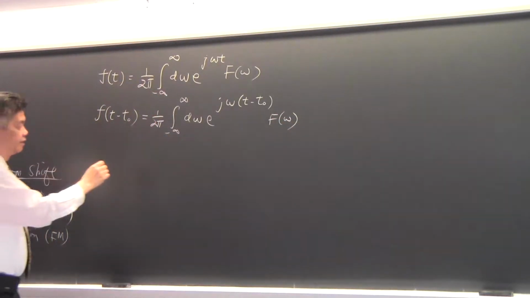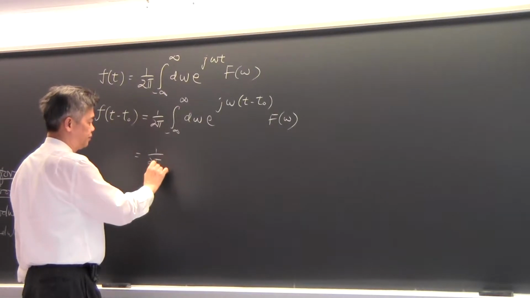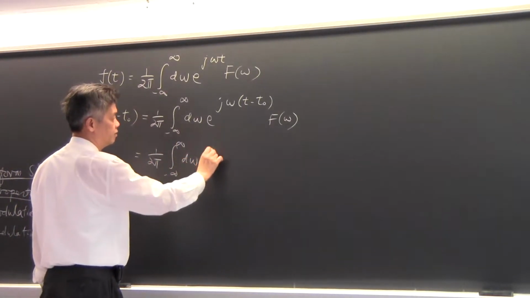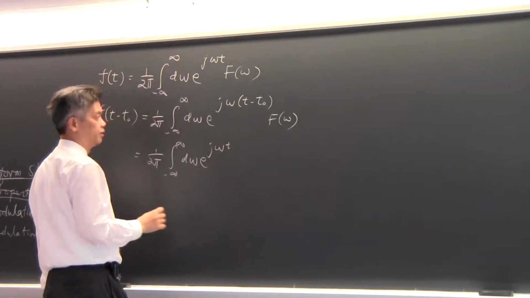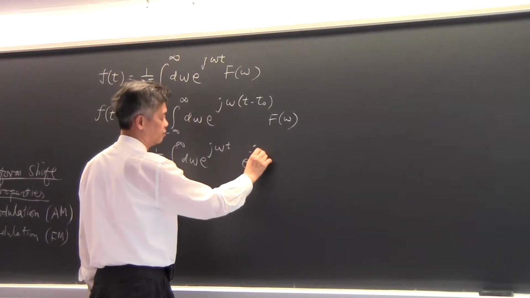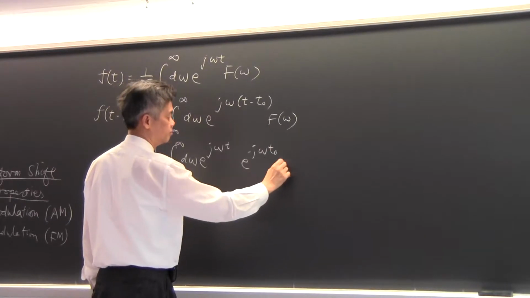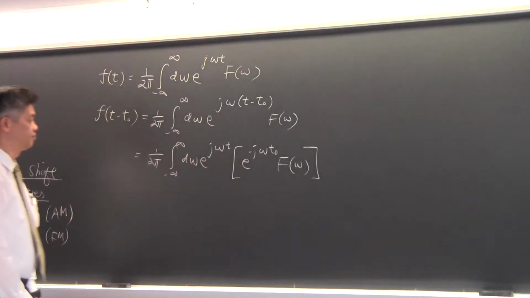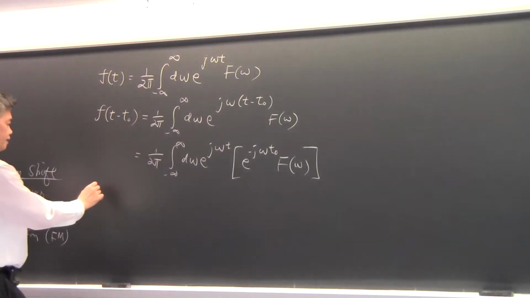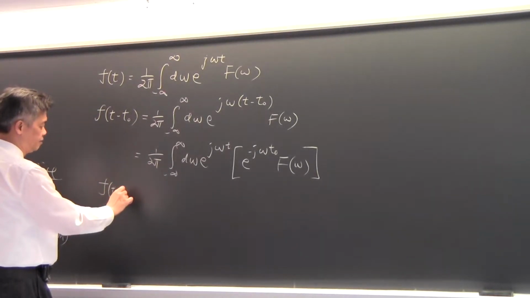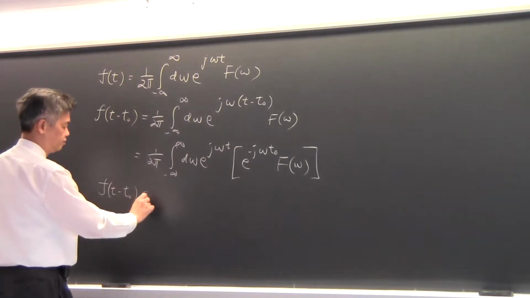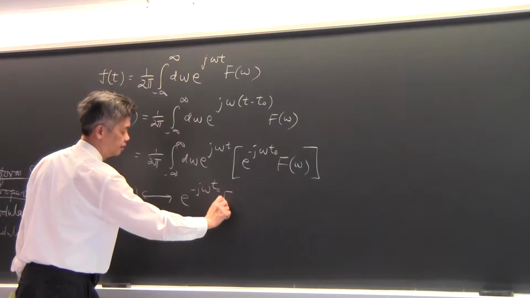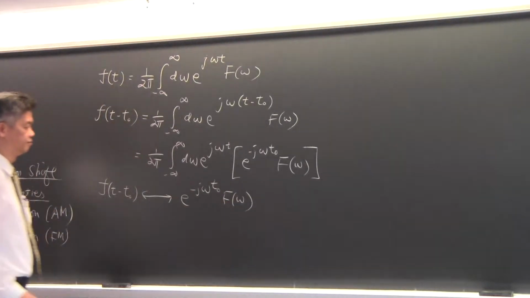And now you can lump that exponential term together with your Fourier transform and rewrite it as a product of two terms. F of omega. Okay, so you conclude that f of t minus t naught Fourier transforms to e to the minus j omega t naught f of omega.